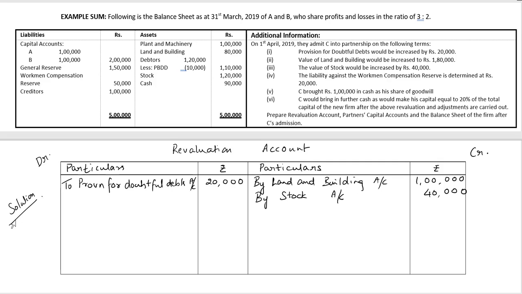So the balance 30,000 we will distribute among A and B in their whole profit sharing ratio. The fifth point is about the premium for goodwill brought in by partner C, and the sixth point is about the adjustment of capital. So let's balance the revaluation account.